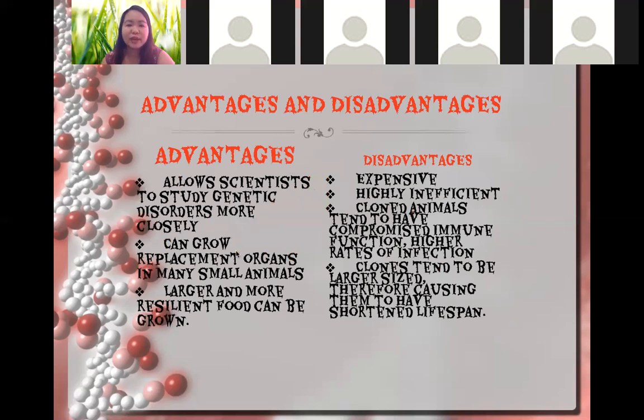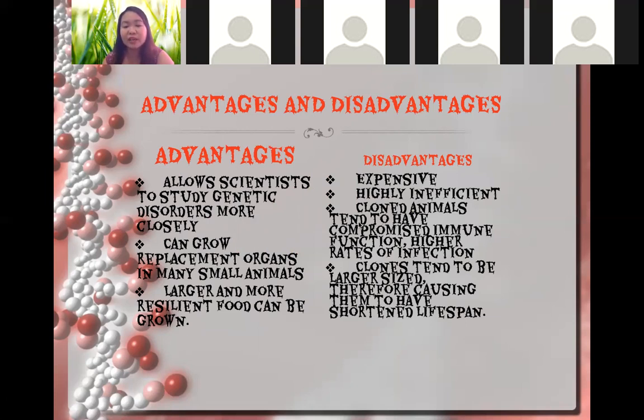So we have the advantages and disadvantages of cloning. Of course, for advantages, this allows scientists to study genetic disorders more closely and can grow replacement organs in many small animals. And larger and more resilient food can be grown, but it's very expensive and sometimes highly inefficient.